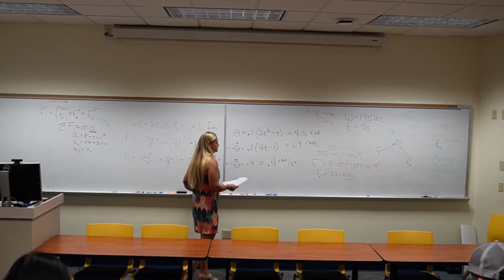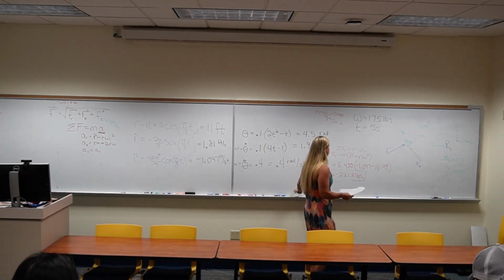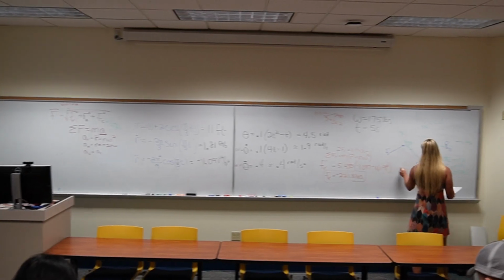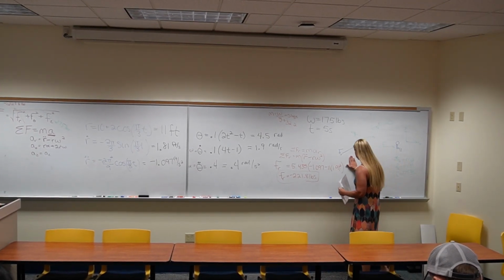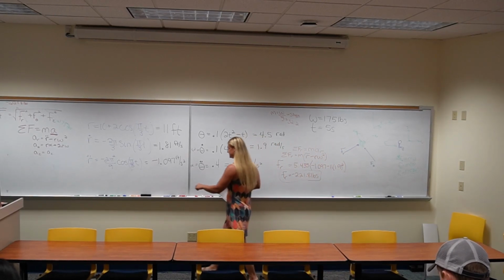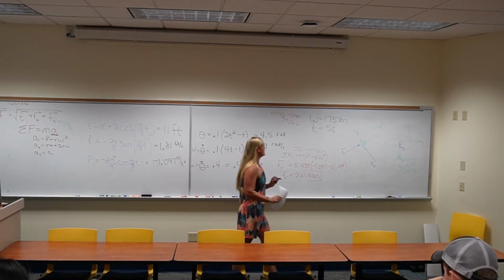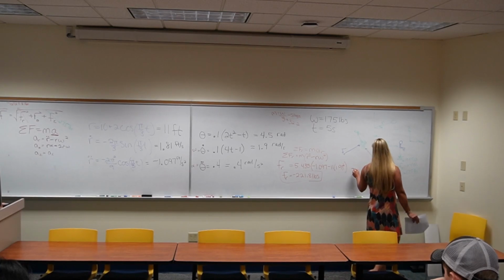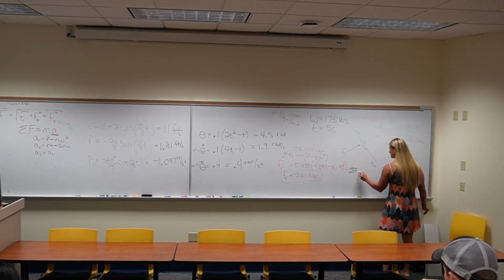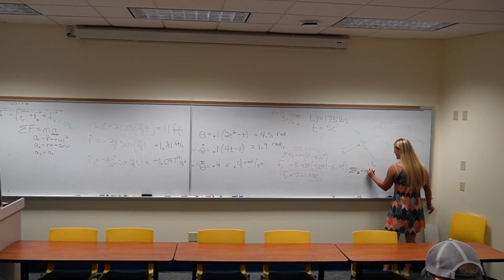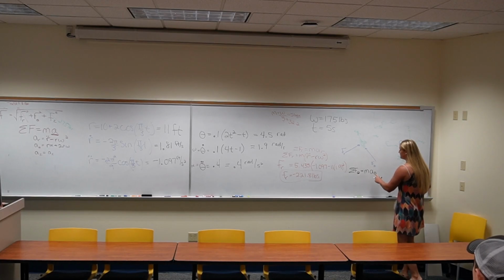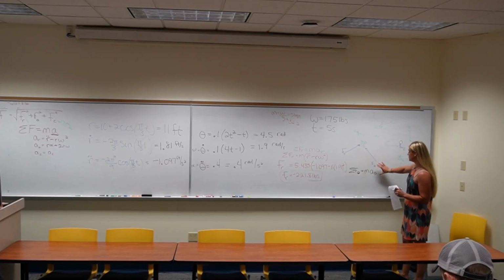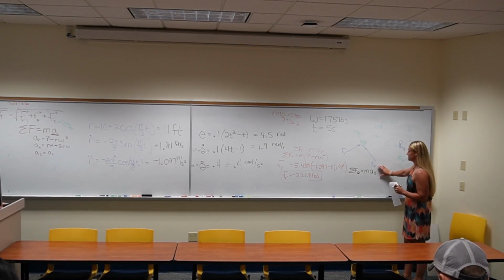Let's go ahead and do the transverse. So if I do the sum of the, can you see this? Oh, that's light. That's okay. The sum of the forces in the transverse direction is going to equal the mass times the acceleration in the transverse. So I'm looking now only in the direction of the transverse.